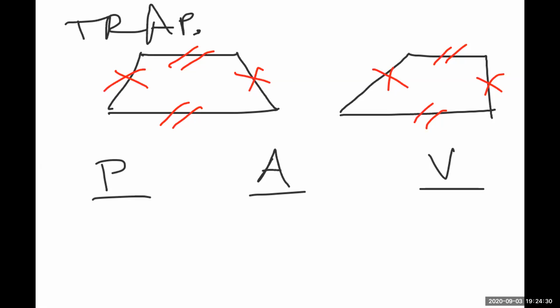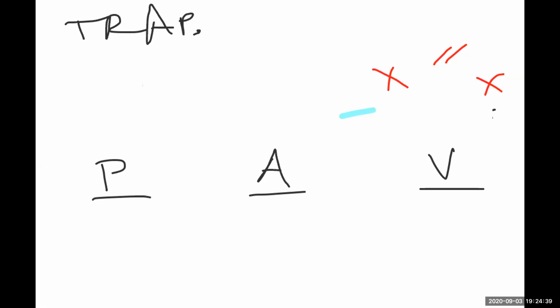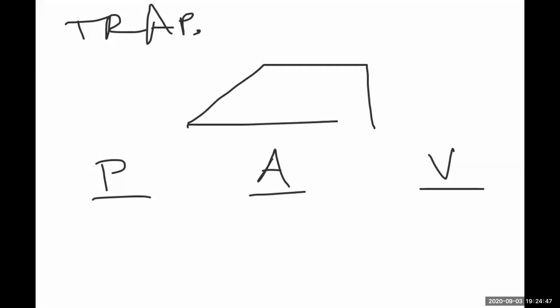So let's say that this was 2 and this was 1.2 and this was 1 and this was about 1.2.